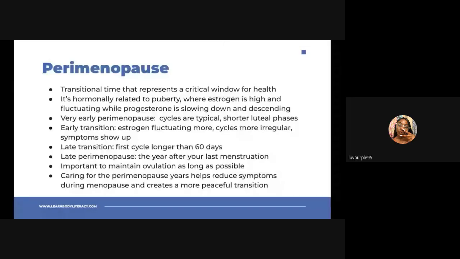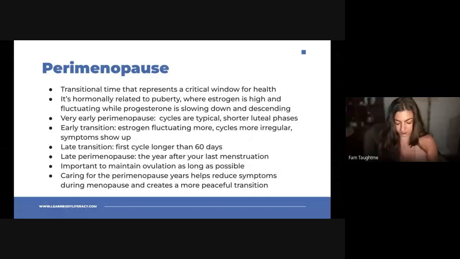Are you able to see my screen? It's in a little window. Maybe you have to pin it or something. Let's see.